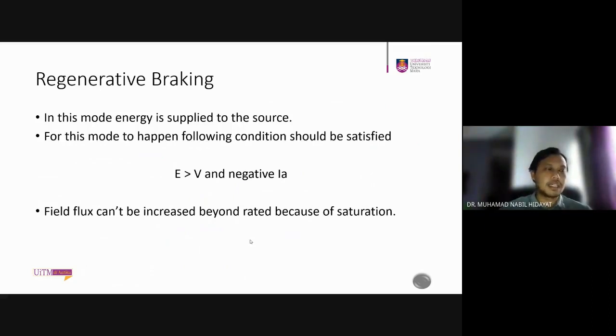When the car is moving, it uses energy, but when it goes down the hill, you can harness the energy of the gravitational movement and supply it back to your battery. For this mode to happen, the following condition must be satisfied.